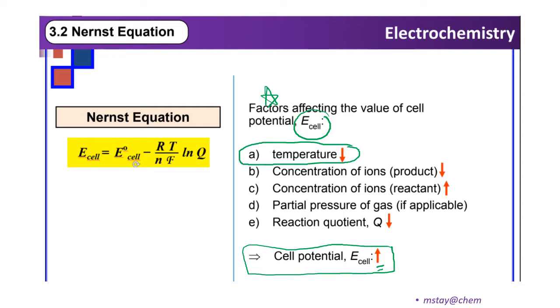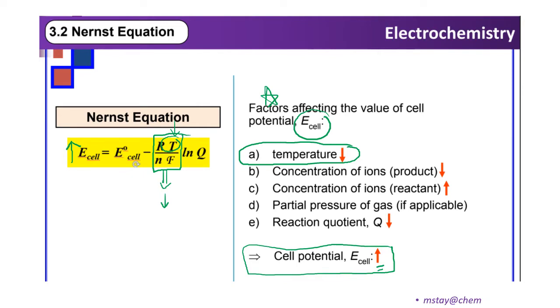If the temperature is decreasing, this value RT over nF will also decrease. Once this is decreased, E0 cell minus a smaller value will cause the E cell to increase. So this is the first factor.